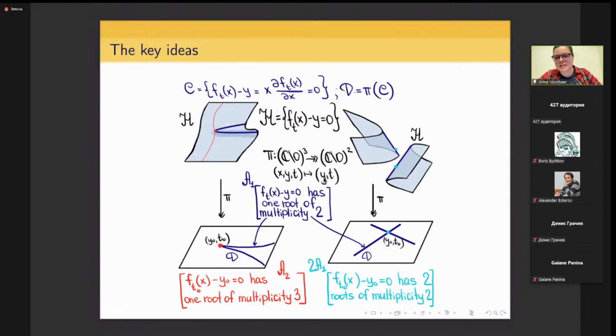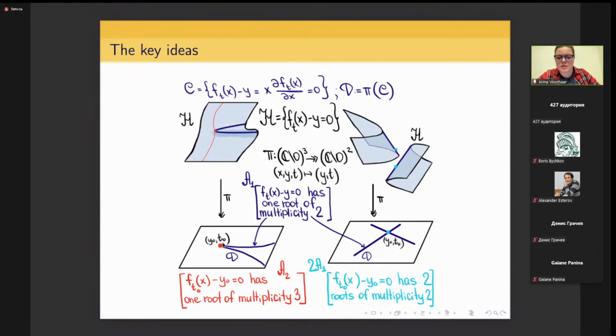We can actually say that this curve D is going to be a singular curve with only nodes and cusps as singularities. And then one can interpret the nodes and cusps of this curve D as follows.